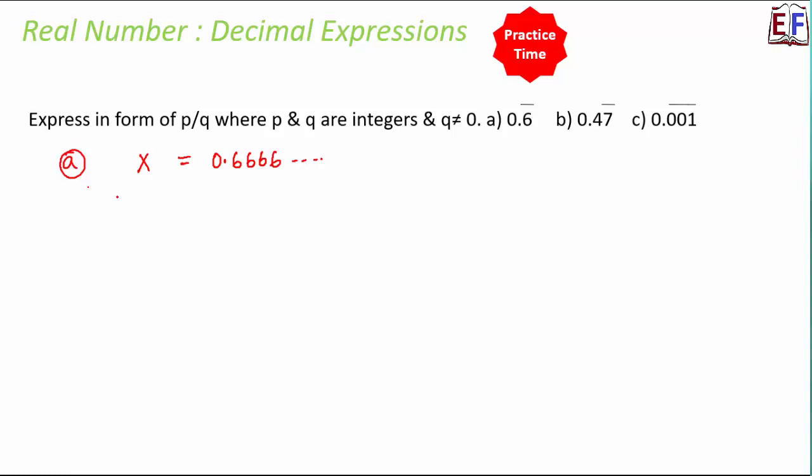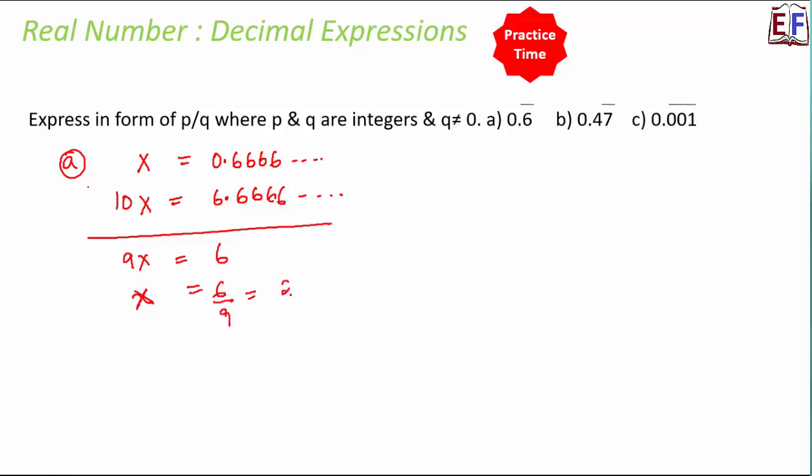So we will multiply it by 10. So this becomes 6.6666 and so on. Now we subtract the first equation from the second equation. As a result, we get 9x is equal to 6. Therefore, x is equal to 6 by 9, which is equal to 2 by 3. And that's our answer. It's in the form of P by Q.